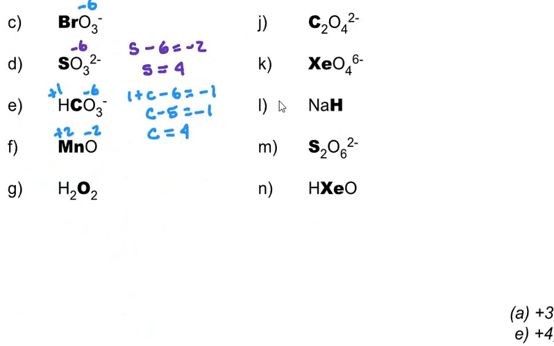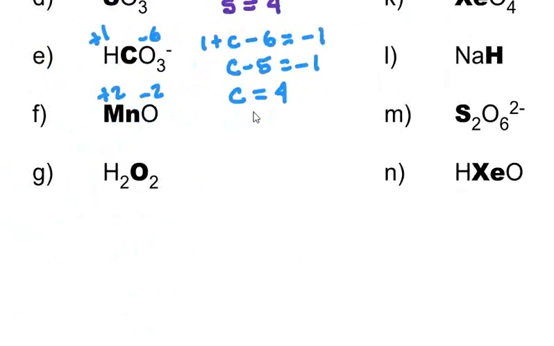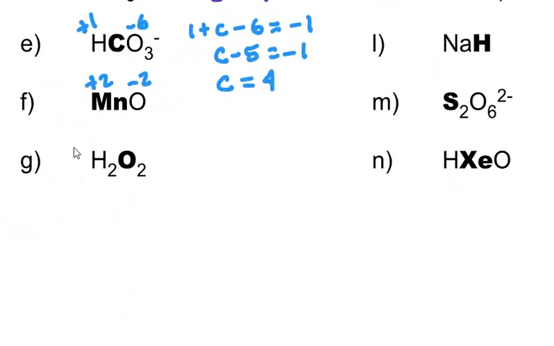H2O2 is hydrogen peroxide, so we have to adapt for this one. In this case, the oxygens are -1 each, and so their total is only -2. And there are 2 hydrogens, and we need our total to come out to 0.